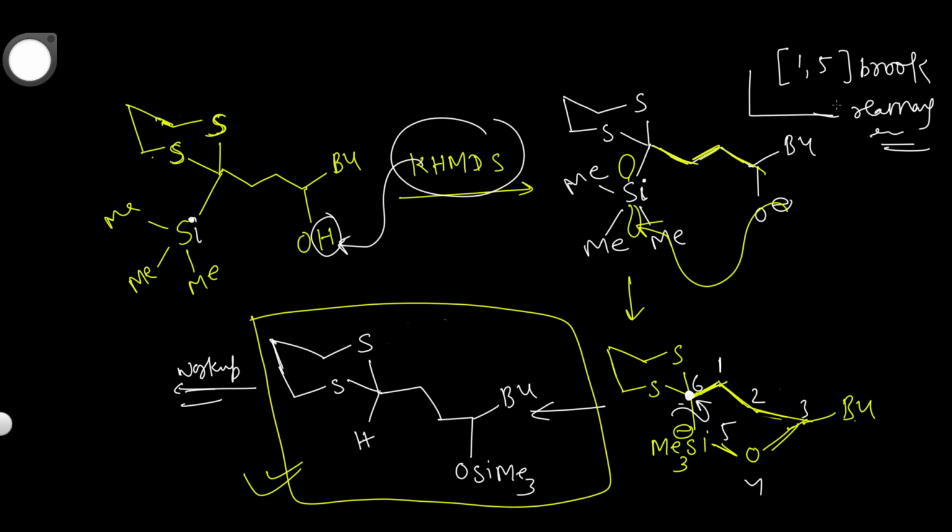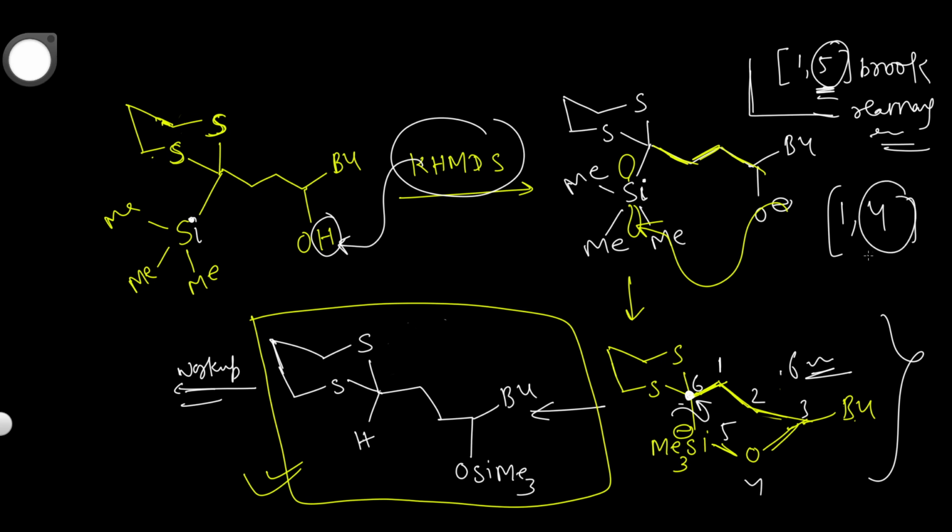It means that in a 1,5 rearrangement, one more member ring formation happens other than the name. It means this reaction is a 1,5, right? But in the mechanism of this reaction, we got a 6-member ring, right? So if somewhere 1,4 is written, it means in that reaction you will find a 5-member ring formation.